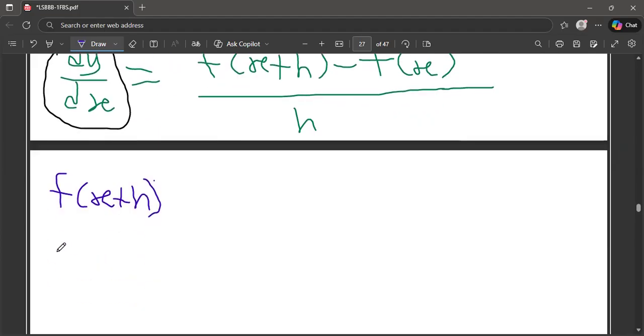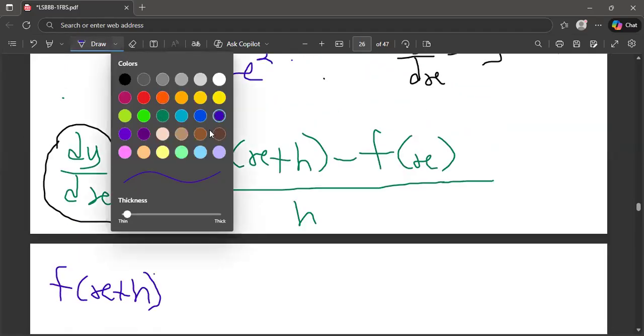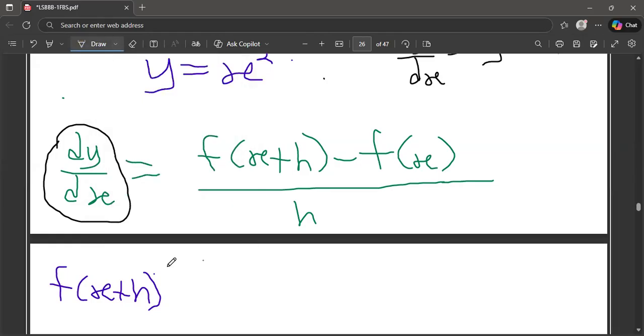And the second one is just f of x, for the numerator. So this is just for the numerator. So I just pick the numerator, and when I pick the numerator, this is what I get.